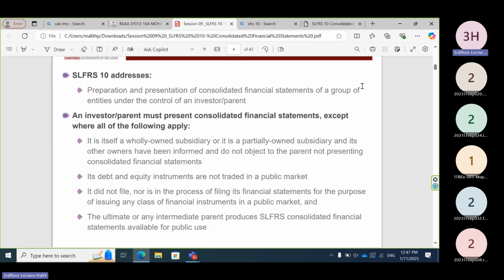Let's take a real example. Amana Holding. Amana Holding is a private company, a private limited company.